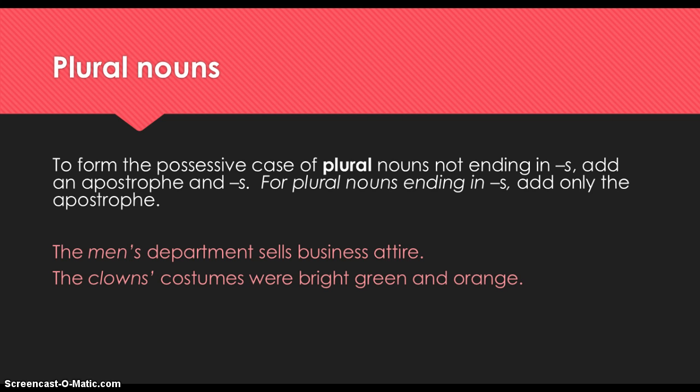The men's department sells business attire. Now, men is a plural noun, but it doesn't end in S. So to form the possessive, we add an apostrophe S. The clowns' costumes were bright green and orange. Clowns, the plural noun, already has an S. So to form the possessive, just put an apostrophe. An additional S is not necessary.